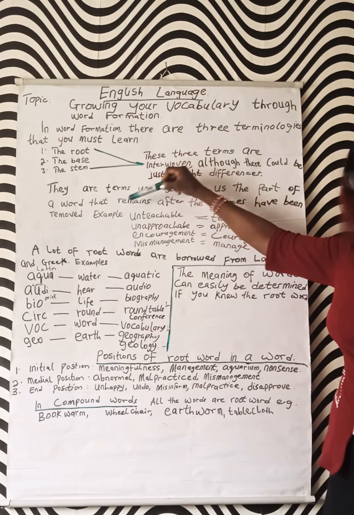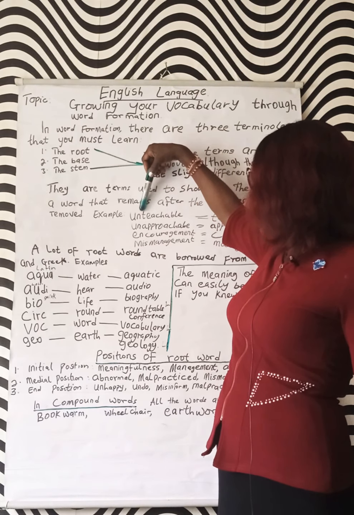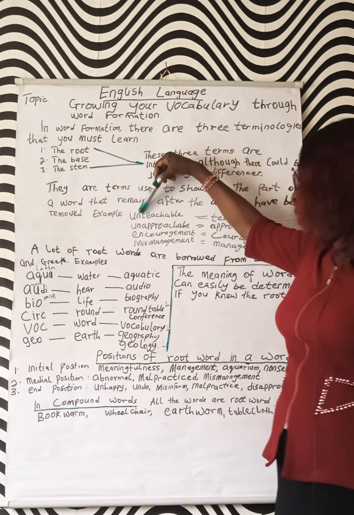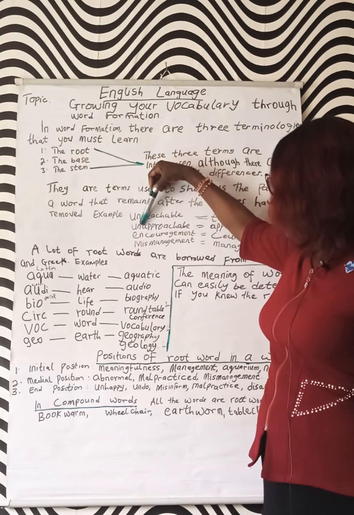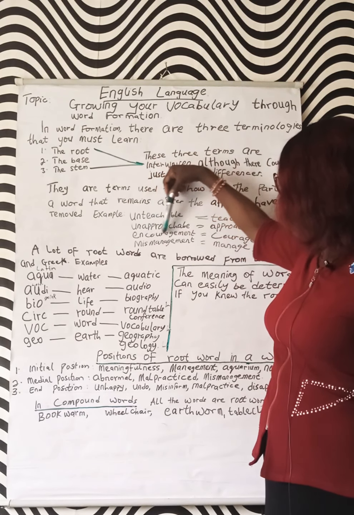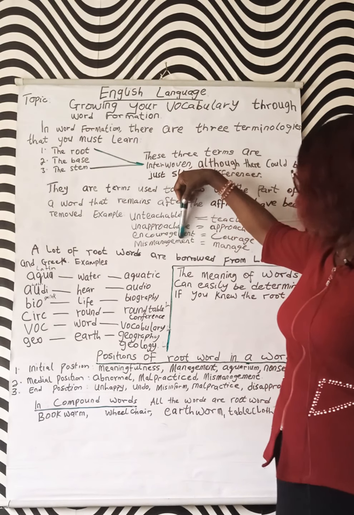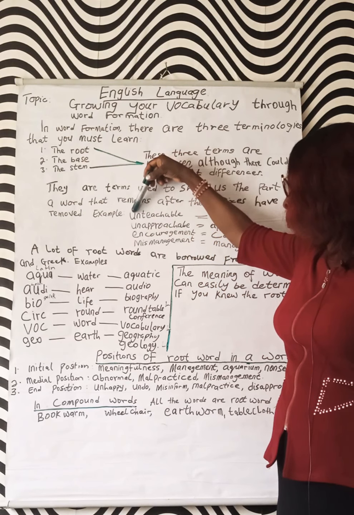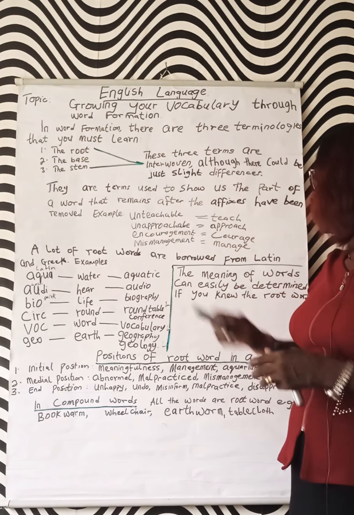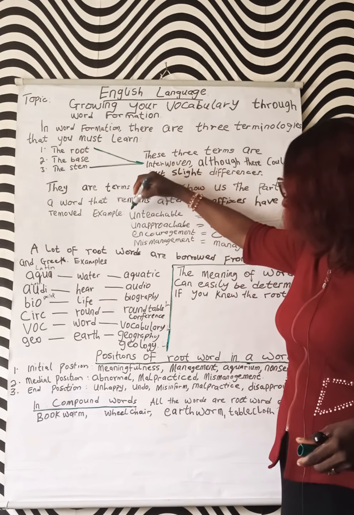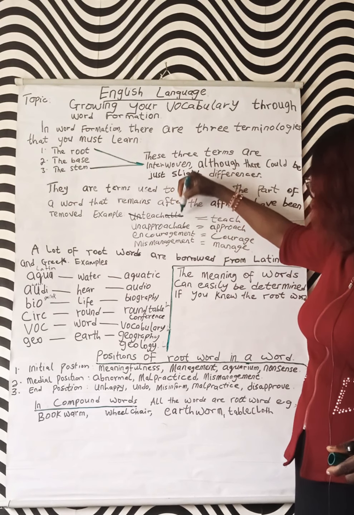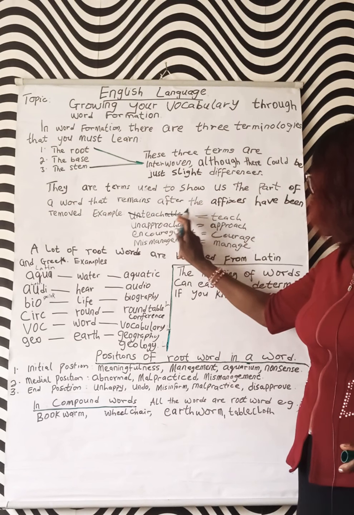For example, we have this word unteachable, unapproachable, encouragement, mismanagement. These four words, they have prefix and suffix.